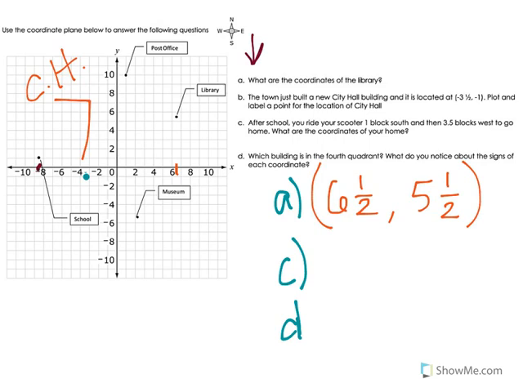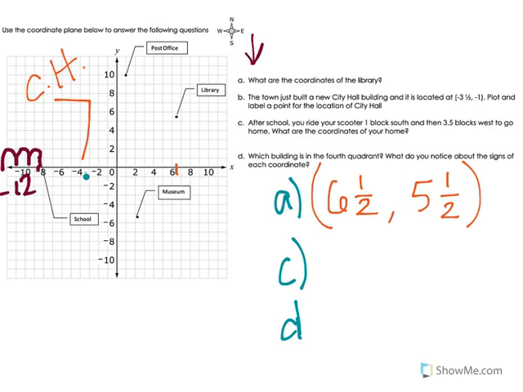And then it says that I'm going to go west. If I'm going west, I'm going further to the left, and I'm going to go 3.5 blocks. So if I'm at -8.5, then I'm going to go to -9.5, -10.5, -11.5, and another half block will put me at -12, which unfortunately goes off of this grid.